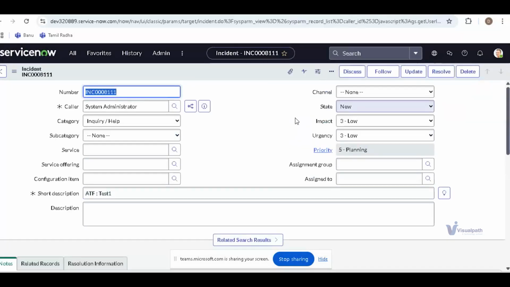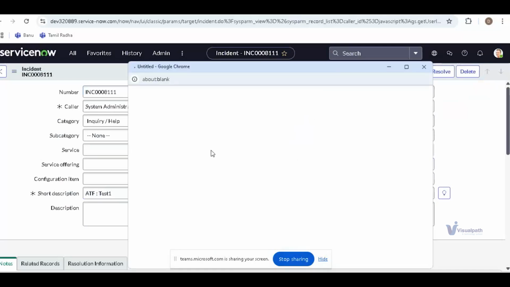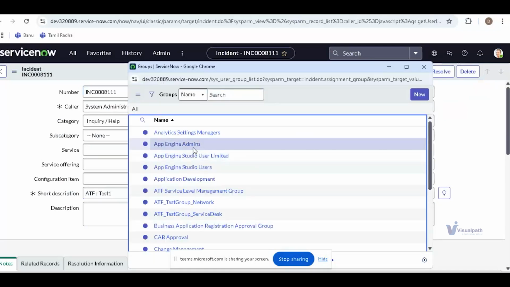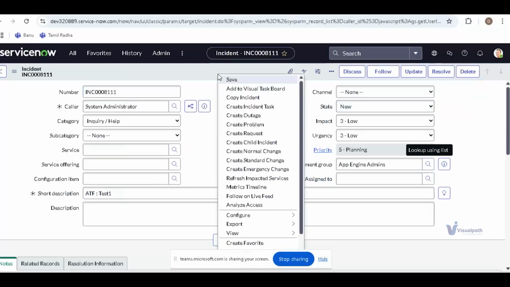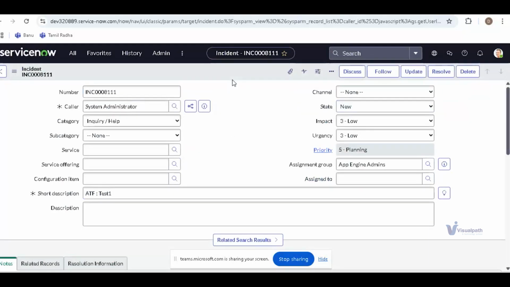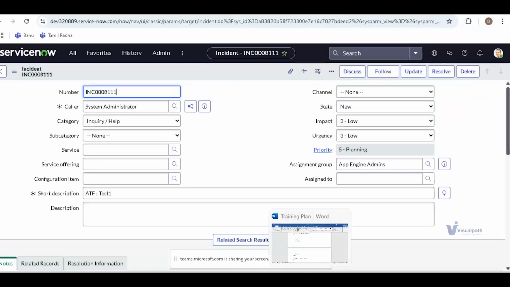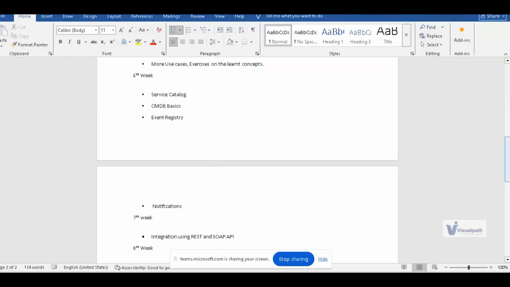If I'm assigning this new ticket to some group and saving it, when it is saved, all the members of this group will get a notification, an email in their inbox stating that an incident is assigned to you, with this incident number and everything. That is handled by the notification part.